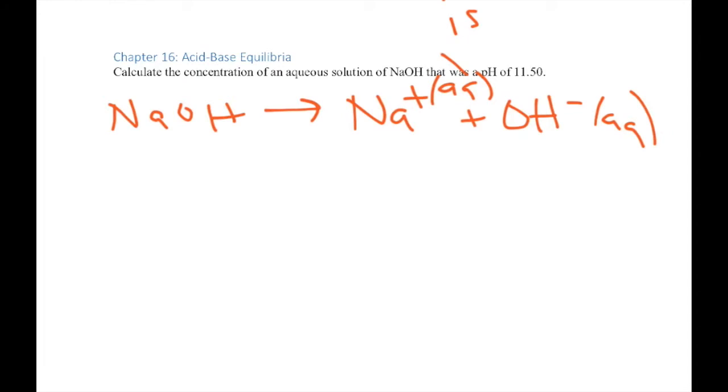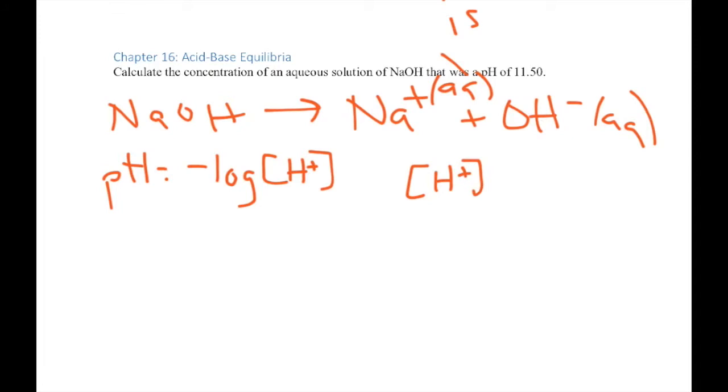So because we know that the OH minus is going to be completely dissociated, we need to also consider what pH means. So pH is going to equal the negative log of the H plus concentration. We also know that the H plus concentration times the OH minus concentration equals 10 to the negative 14th.